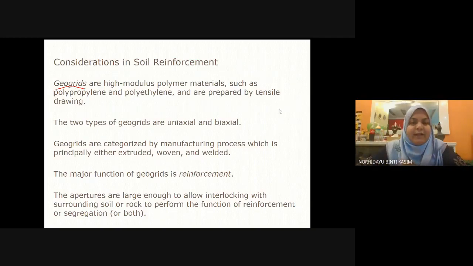There are a few types of geogrid, which are uniaxial and biaxial. Uniaxial means only one axial, and you also have biaxial.